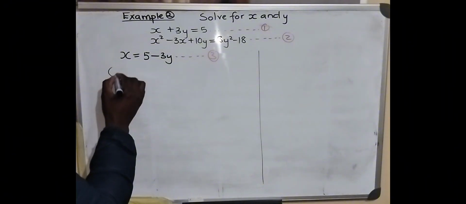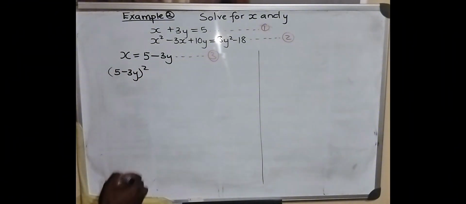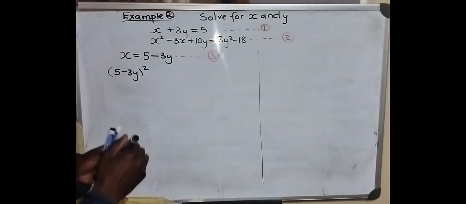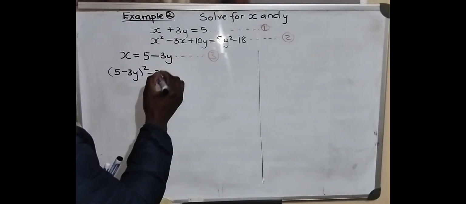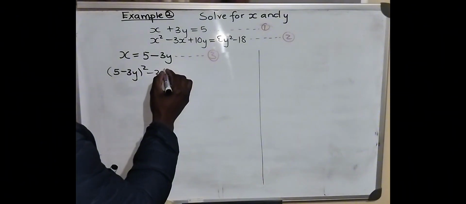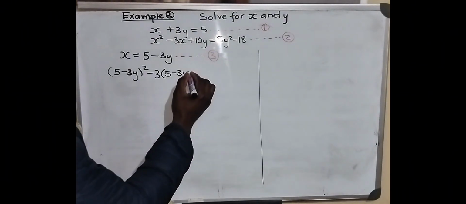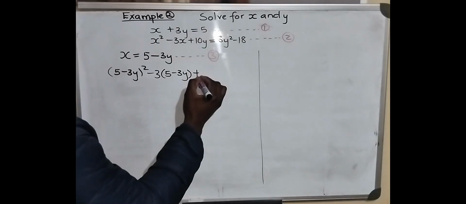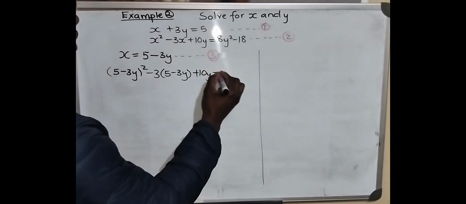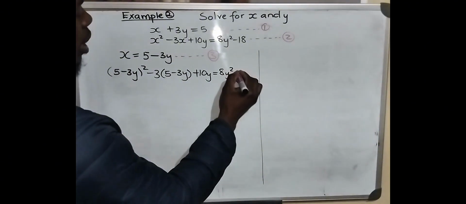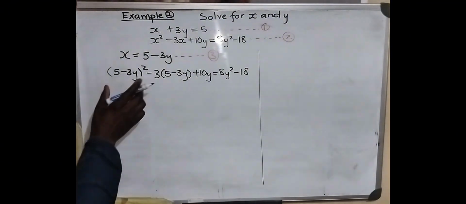I'm going to have 5 minus 3y all squared, because it is squared, and then minus 3, here is another x, 5 minus 3y, plus 10y is equal to 8y squared minus 18. Right.